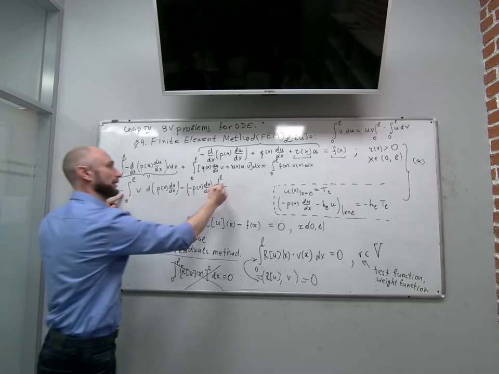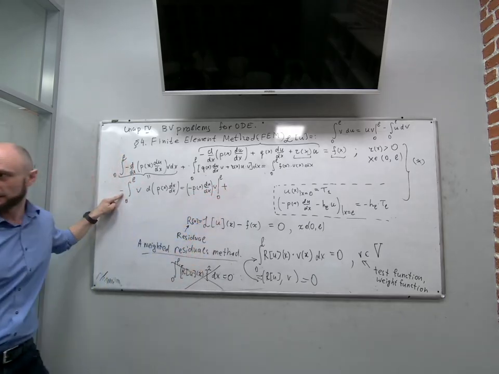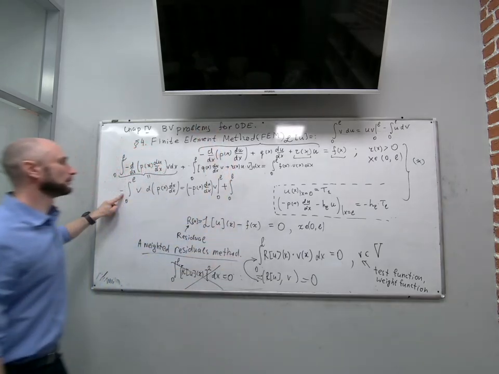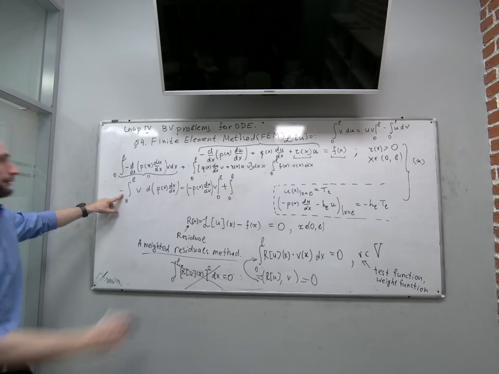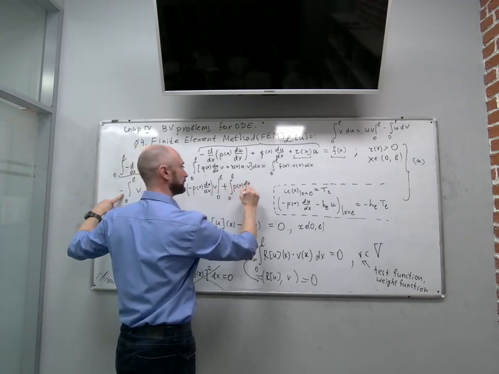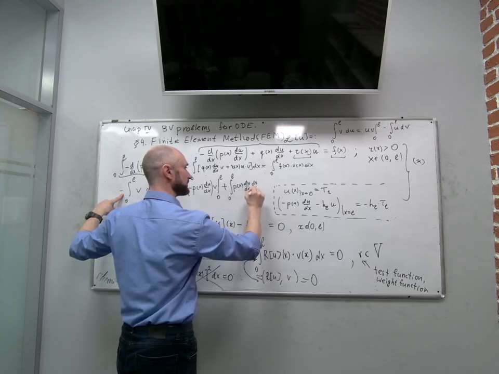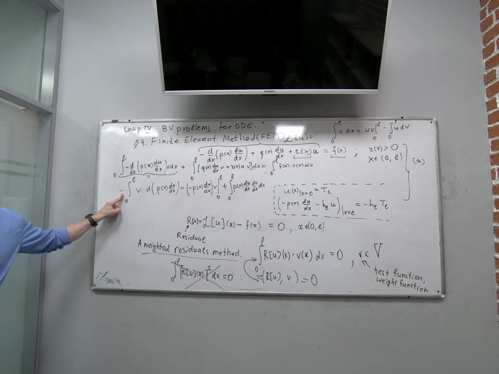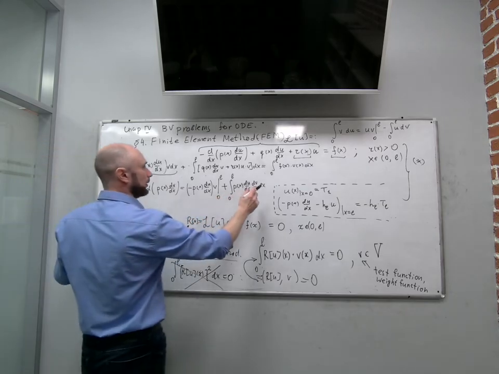That's why this minus becomes plus the integral from 0 to L of p of x du by x dv by x dx. Do you agree? Yes, yes. We only use it that way. Correct, right? Yes, yes. Okay, let's continue.